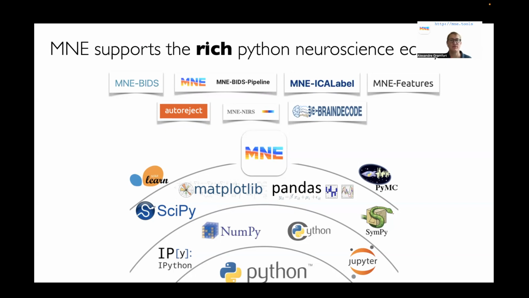MNE-Features, which is a way to extract handcrafted features from MEG and EEG to do, for example, machine learning. Autoreject is a tool that was written in order to automate data curation and rejection of artifacted data. MNE-NIRS is an extension of MNE to work with fNIRS data. And more recently, Braindecode is a package that offers deep learning for EEG, MEG, and leverages a lot the internal MNE data structures.